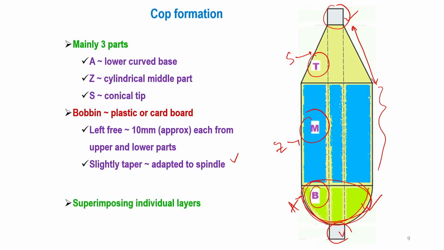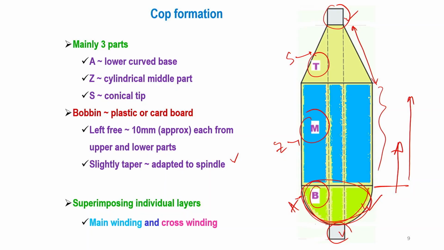Here the individual layers are superimposed. There are mainly two types of winding: one is main winding and the other is cross winding. When the ring rail moves upward, it moves in slow motion, but with slow and accelerating motion.